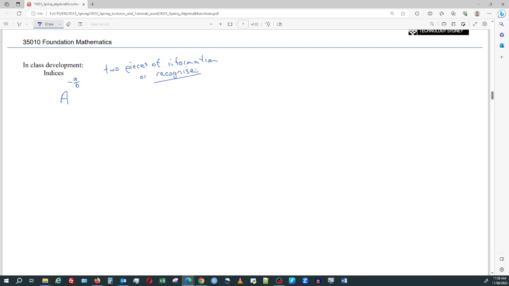Okay, first of all, the minus sign gives us a reciprocal. Very good. The fractional indice gives us a radical sign. The denominator is in the name. It's the b-th root of a to the power root a.